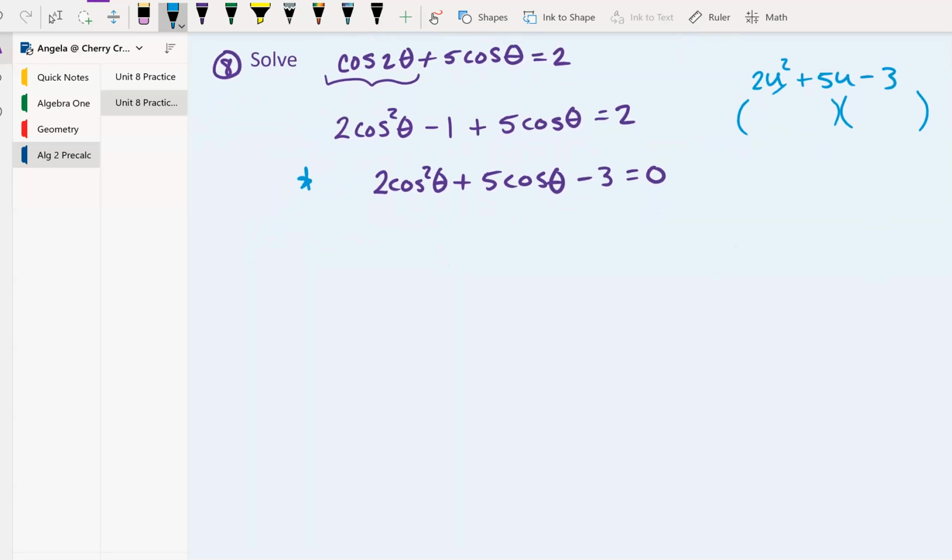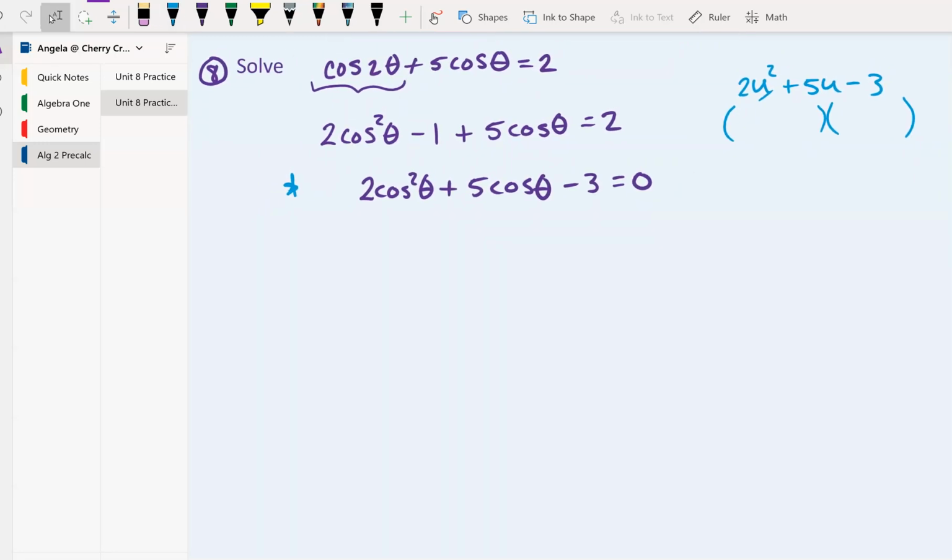Okay, so here we have 2u times u, and it looks like positive 6u and a minus 1 will create our 5u, which means if we can factor this trinomial in this way, we can come right back over here and factor this trinomial in exactly the same way.